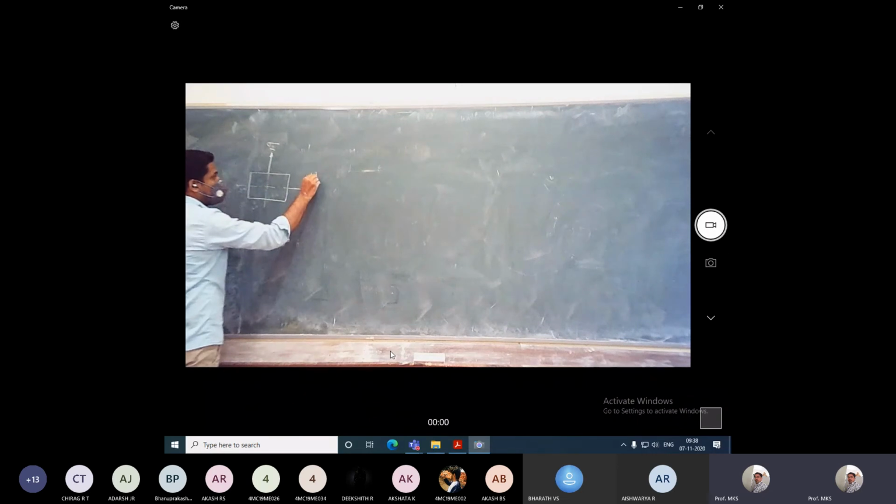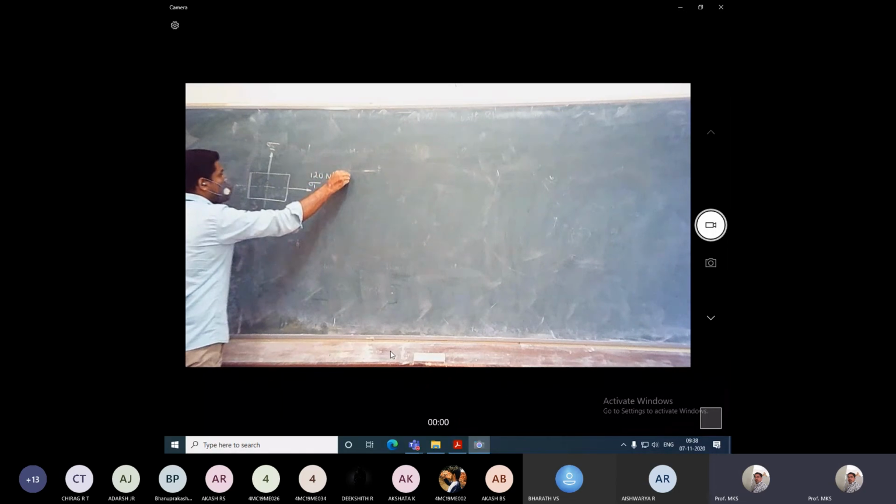Okay. So what are they given? What is the major stress? How much is sigma 1? The stress which is highest is the major stress, that is sigma 1, and the stress which is least will be sigma 2. So sigma 1 is 120 megapascal or 120 Newton per mm square.